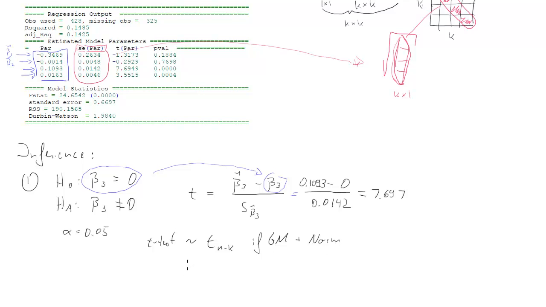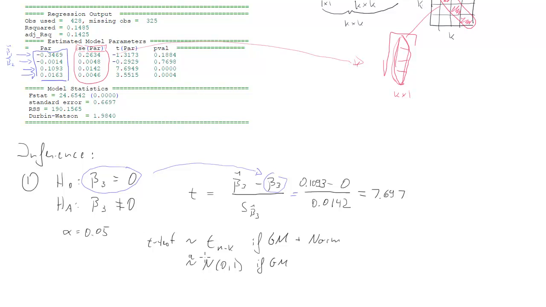Especially if we can't assume the normality of error terms, what we then know is that asymptotically, i.e. in large samples, this test statistic is going to be standard normally distributed. Okay, that's if the Gauss Markov assumptions are valid.